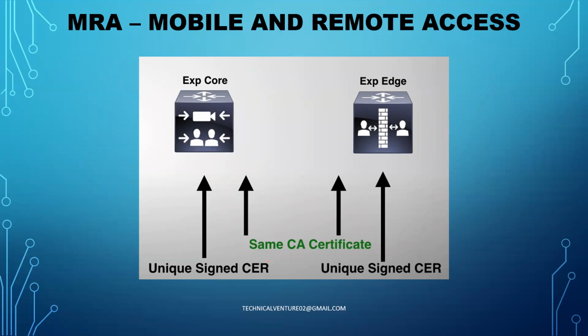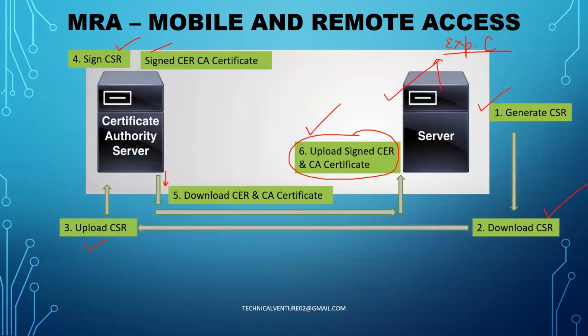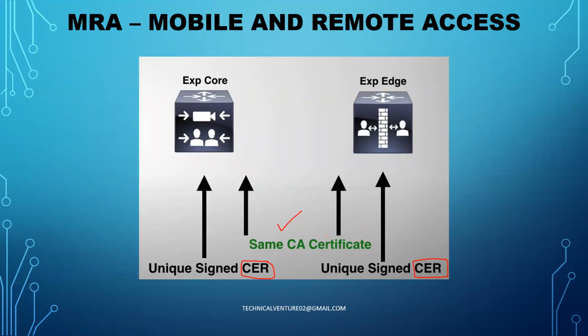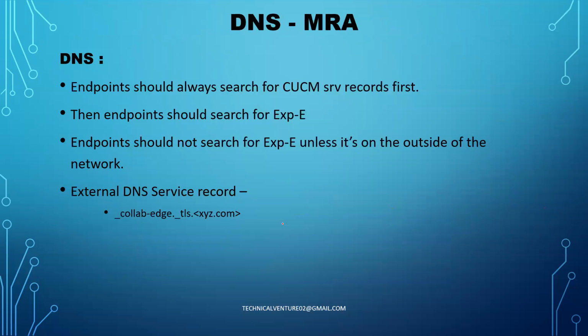The CER would be uniquely signed, but the CA certificate would be the same for both Expressway Edge and Expressway Core. As you can see in this one, we have CER and CA certificates, right? So the CA certificate would be the same for both, but the CER would be uniquely signed for Expressway Edge as well as for Expressway Core, right?